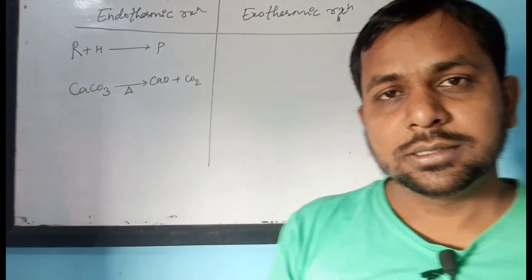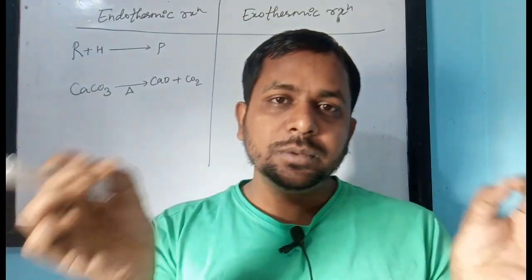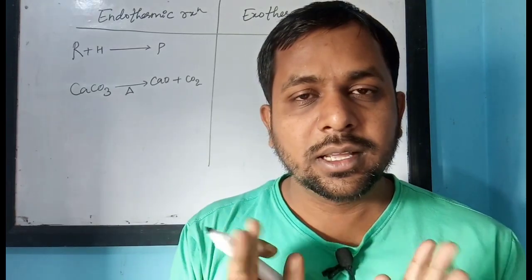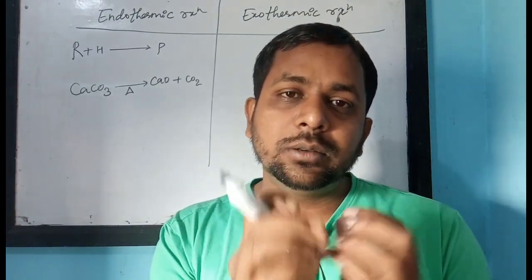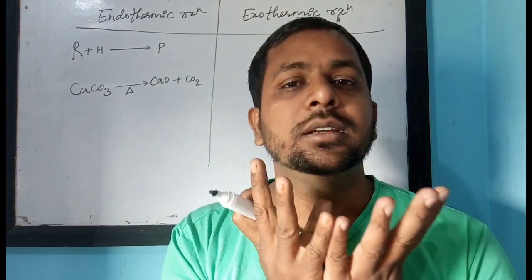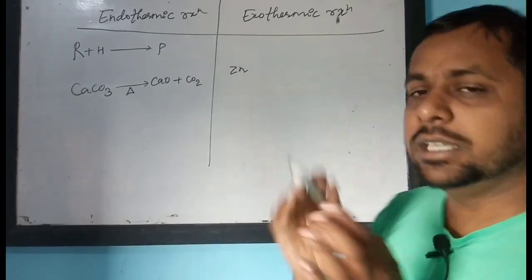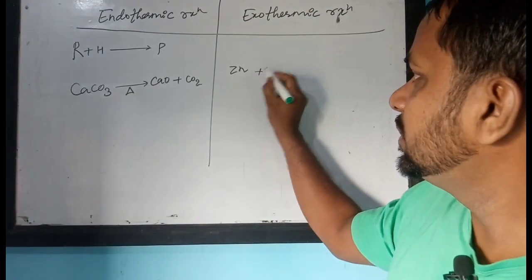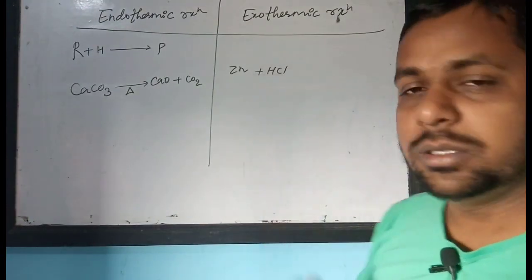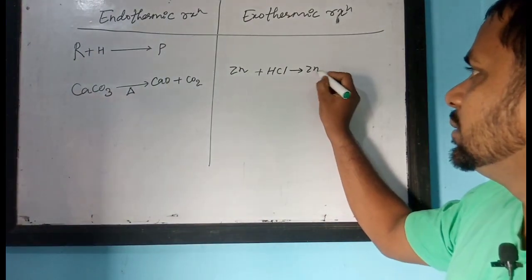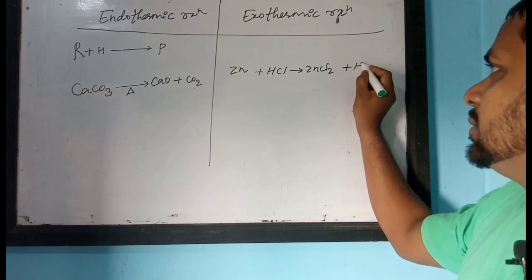Similarly, there are some reactions where, simply when we put the reactants together, the reaction starts, and when the reaction starts, that reaction produces heat. For example, in a beaker, if we put some acid like hydrochloric acid over there, it will change into zinc chloride and hydrogen.